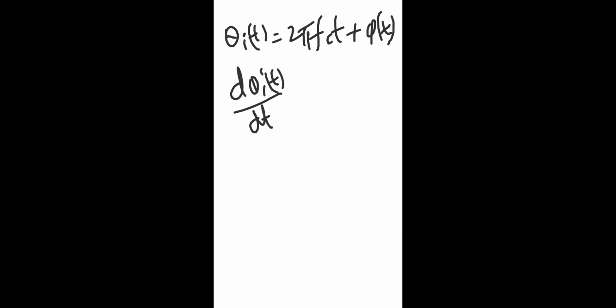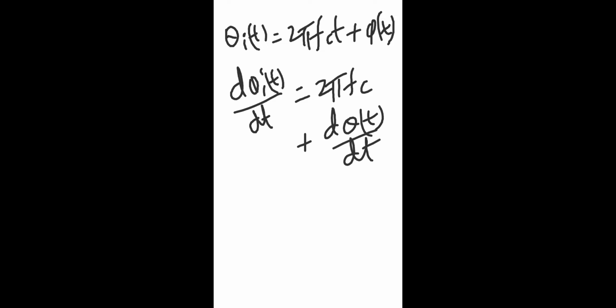Once you do differentiation, you will get 2 pi fc and d theta divided by dt. Then you divide all the values by 2 pi, and finally you will get fi, the instantaneous frequency.